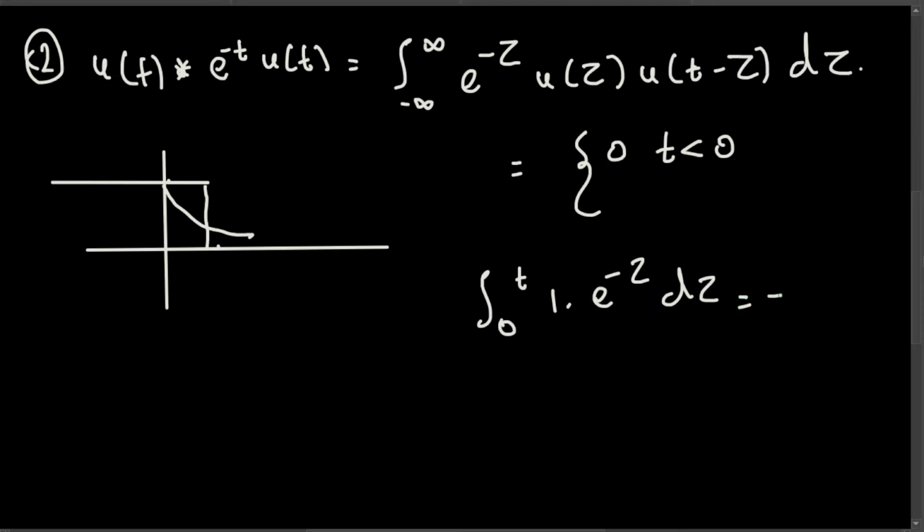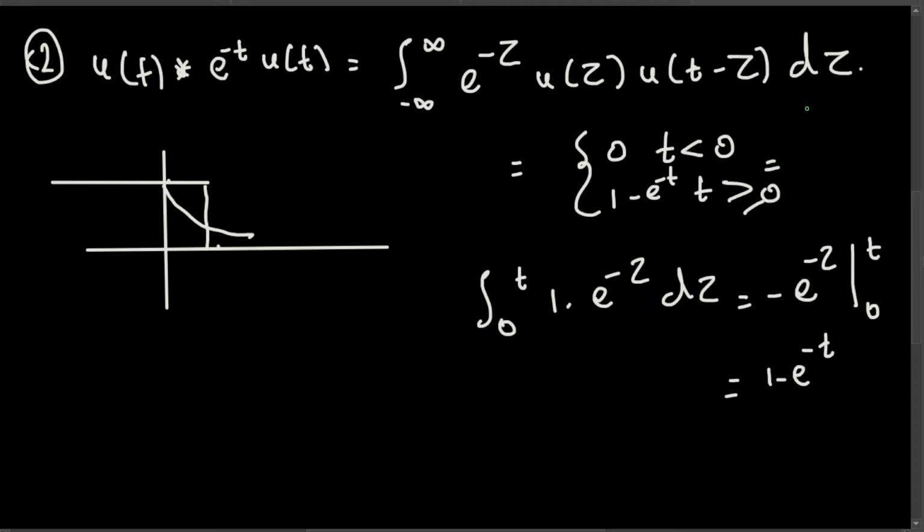If you do the integration, that is negative e power negative tau going from 0 to t, which is equal to 1 minus e power negative t. So this is 1 minus e power negative t when t is greater than or equal to 0.